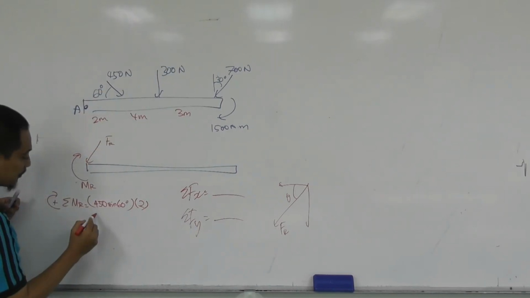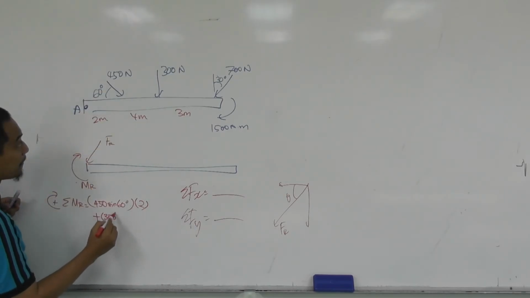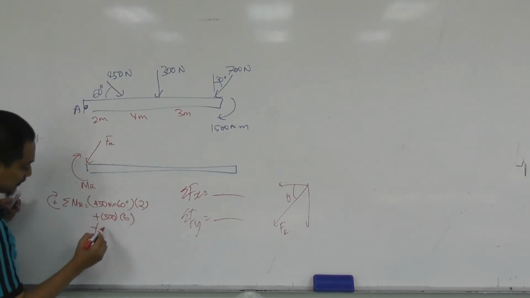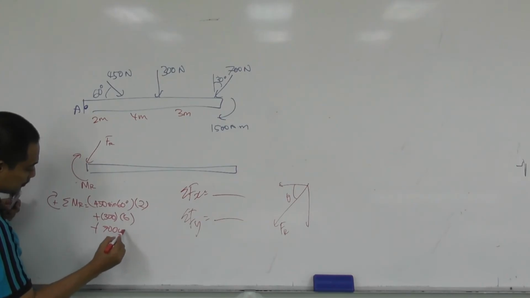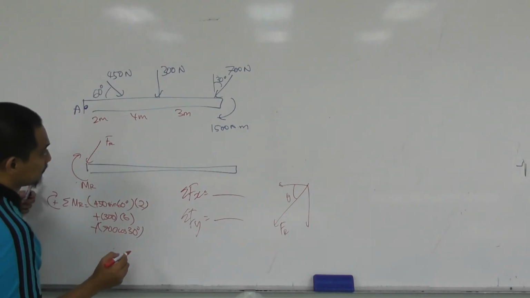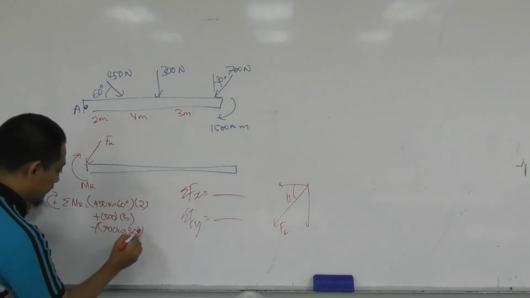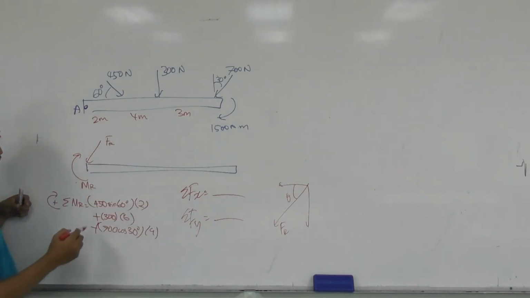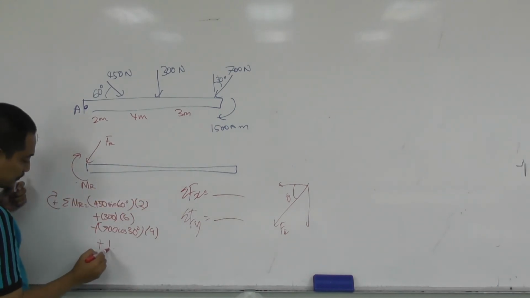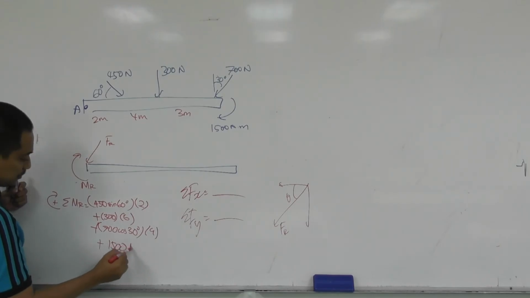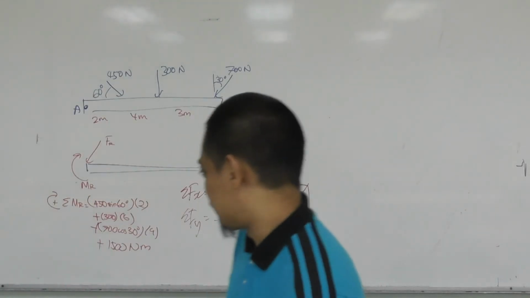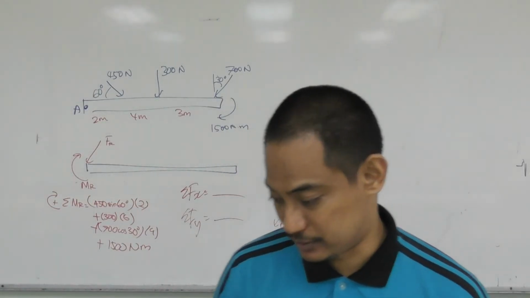Then another clockwise, plus 300 times 6 meter, plus 700 cos 30 times the distance. And do not forget that we already have a couple moment there, so that also contributes plus 1500 Newton meter. With that you can just calculate and get your answer.